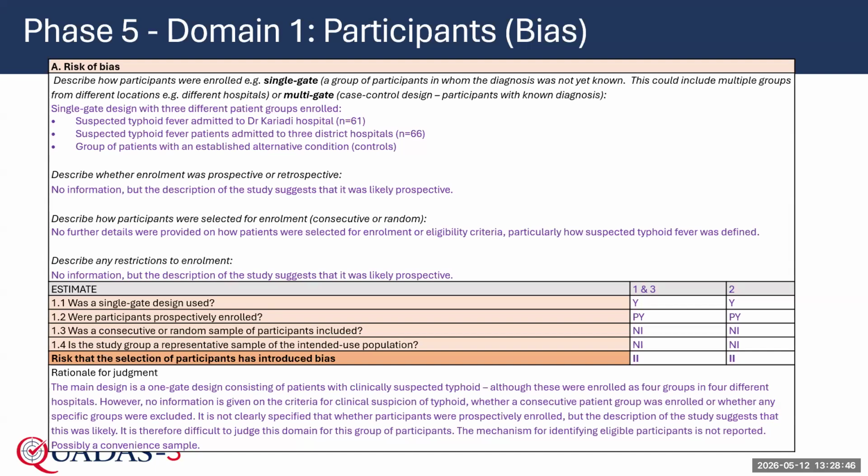And it's also not specified whether participants were prospectively enrolled, but the description of the study suggests that this was. It's therefore difficult to judge this domain for this group of participants. So for that reason, we've answered it as insufficient information.